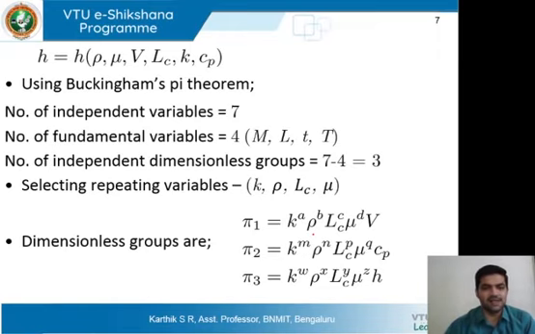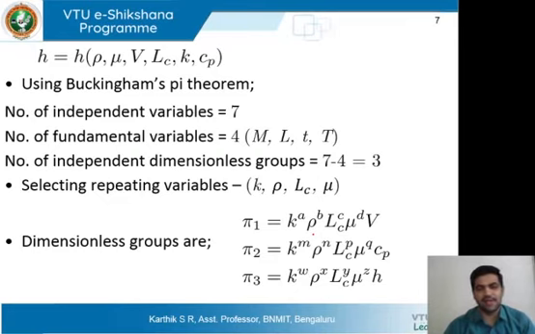The number of independent variables is 7, and the number of fundamental dimensions is 4: mass, length, time and temperature. Therefore the number of independent dimensionless groups will be 7 minus 4, which is 3. Now we have to select some repeating variables.